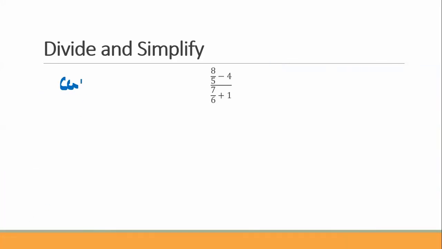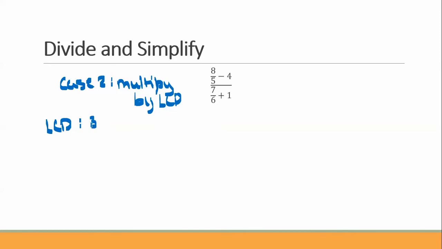The other way to do this, case 2, is multiply by the least common denominator of the whole fraction. So our least common denominator of the whole fraction is 30 because of the 5 and the 6. So we're going to multiply numerator and denominator by 30 over 30.